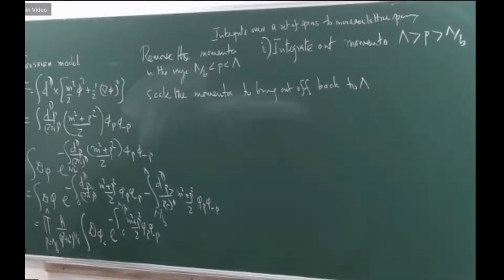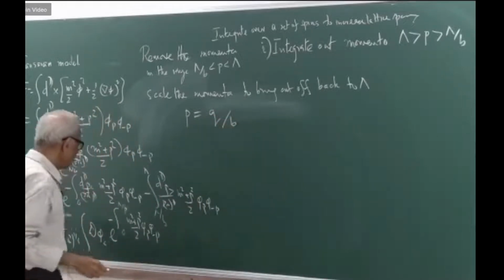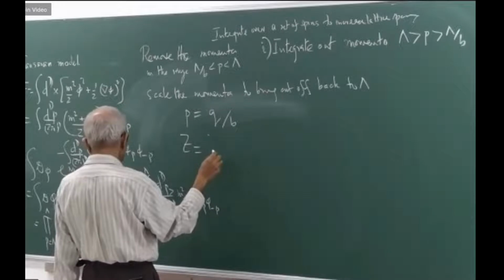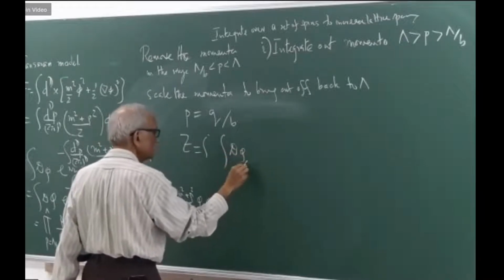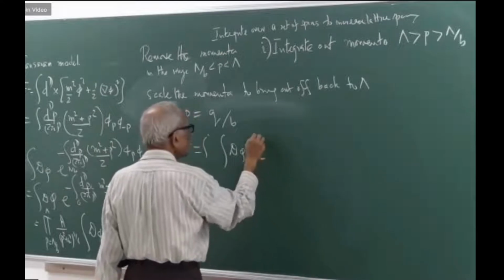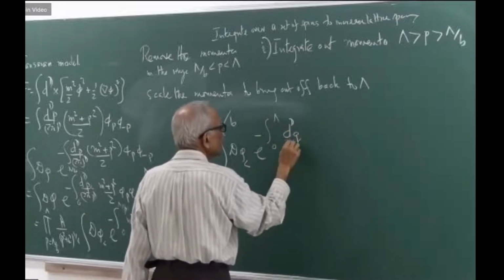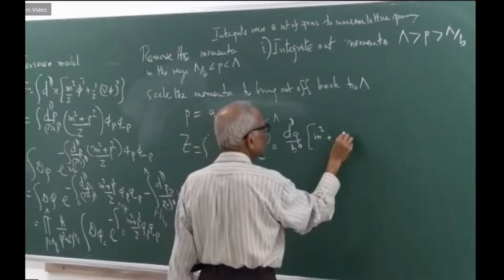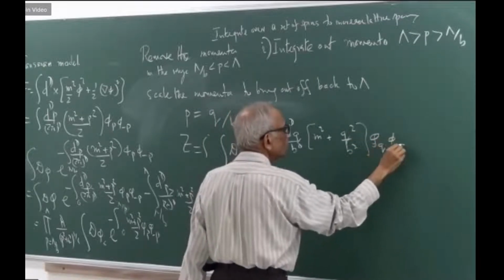So that is the thing which one needs to do. And therefore, the next step is that you scale the p, p goes to some q, which is q divided by b, so that in this step over here, the Z becomes equal to whatever these constants were, and then d phi less, and it is e to the power minus integral up to lambda, and it is d^dq by b to the power d, and I have m square plus q square over b square, phi q phi minus q.